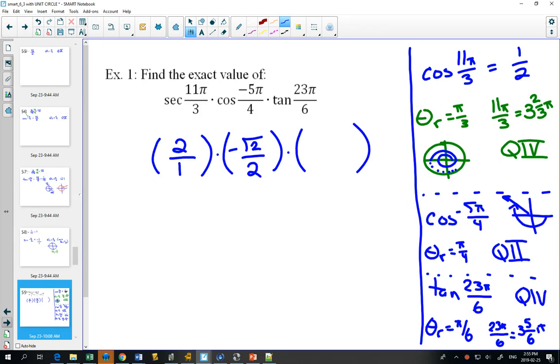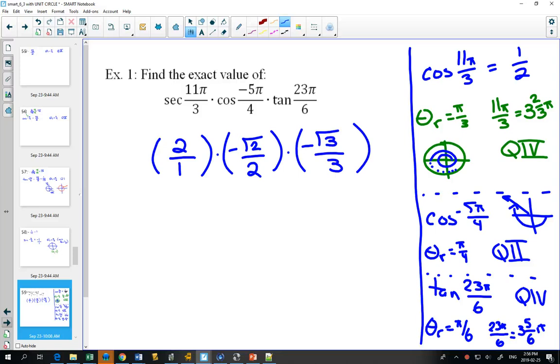Quadrant 4. Pi over 6 for tan is root 3 over 3. In quadrant 4, tan is negative. So we have to do that mental math of finding out what's my family. That tells me the value. Then what quadrant is it in? That tells me if it's positive or negative.